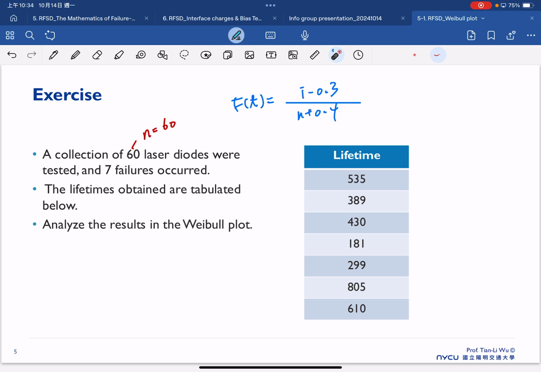So try to calculate right now to estimate the I, the TBD, and the CDF. Once you have this information, for sure you can start to make the Weibull plot here.